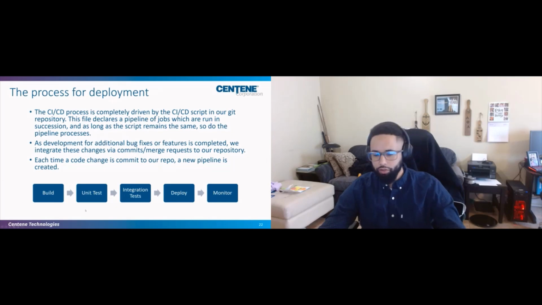If we push to, say, a dev or test or prod branch, it will continue along this entire pipeline. So it will build, it will run the unit tests, it will test for connections, it will deploy to our environment, and then our monitoring stack will pick up any logs which are generated by applications and store them for future use.